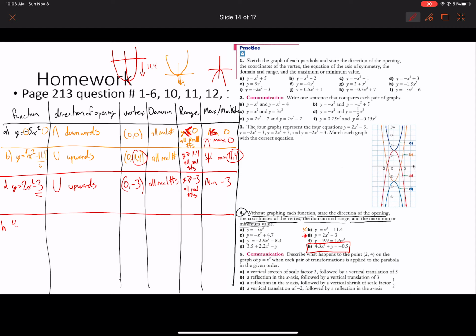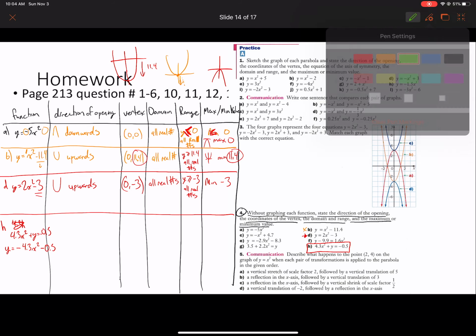It's 4.3x squared plus y equals negative 0.5. Let's rearrange it. y equals negative 4.3x squared minus 0.5. So let's change the color a little bit to green.